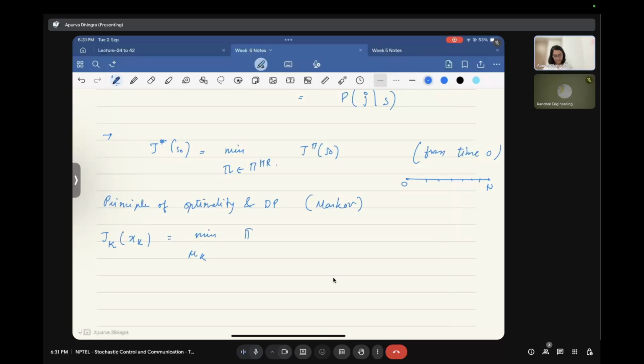We take the expectation over the stage-wise cost, which depends on all of these quantities, and the Jk plus 1 value of the previous thing that was solved for, at the state xk plus 1.